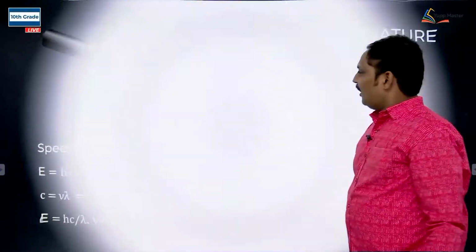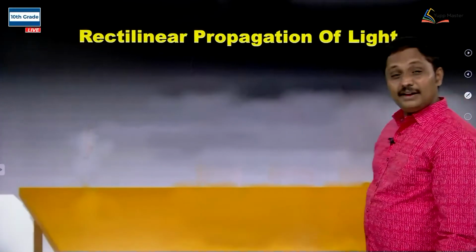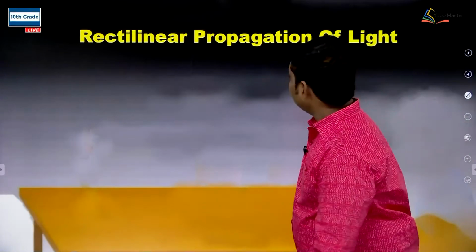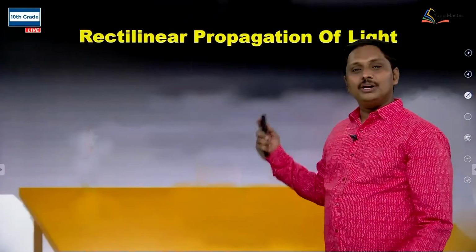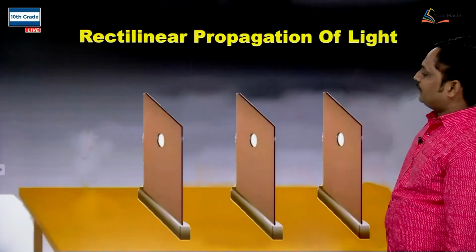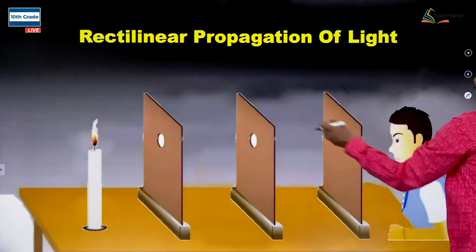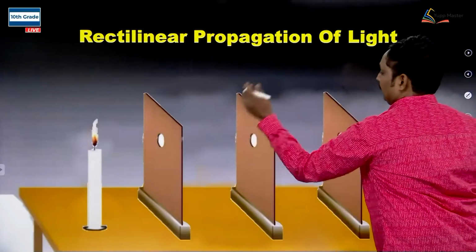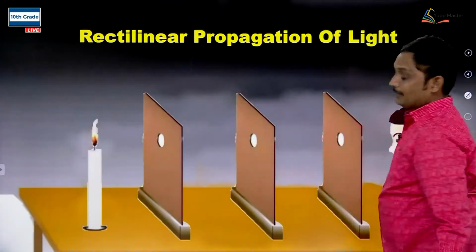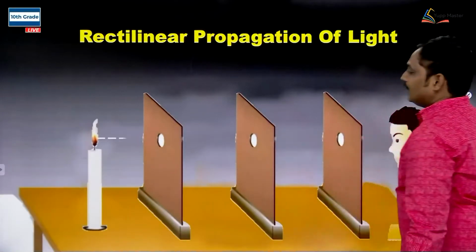Now, let us see how light is propagated, that is the rectilinear propagation of light. You can see that this is the source. From the source, there are three apertures which have a tiny hole, and the light is allowed to pass through them.